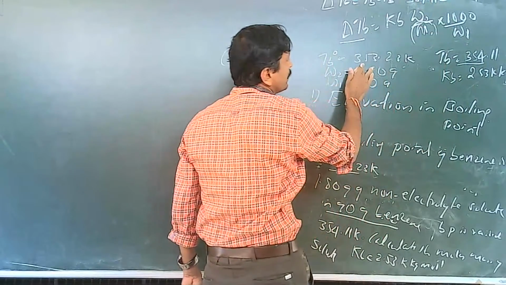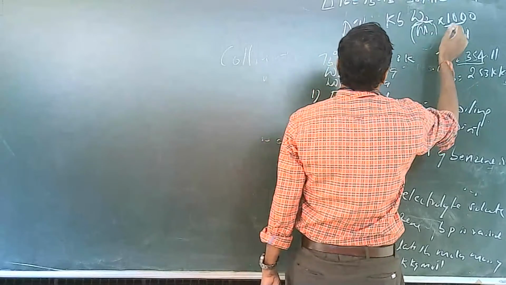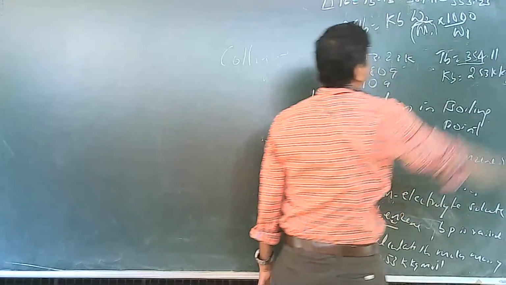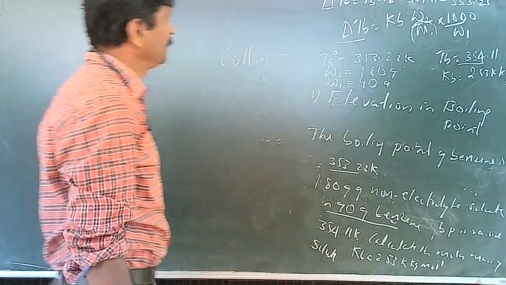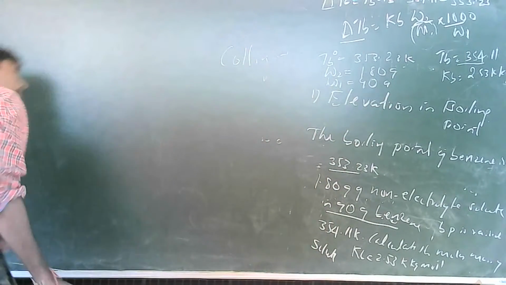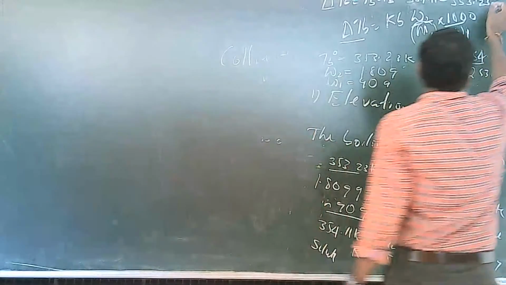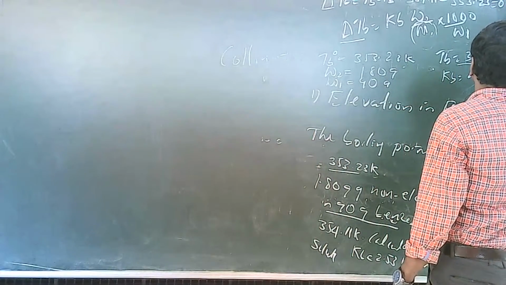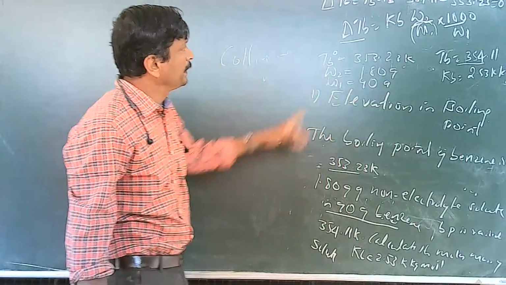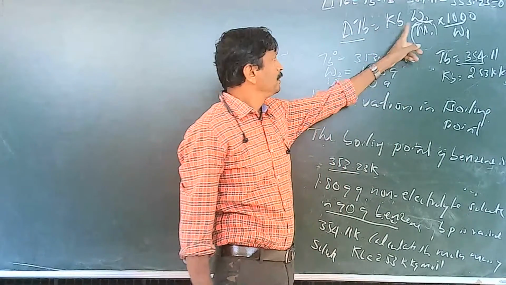354.11 minus the boiling point of the solvent, which is 353.23. I think it's 0.88 Kelvin. Delta Tb is equal to 0.88 Kelvin. Kb is given.